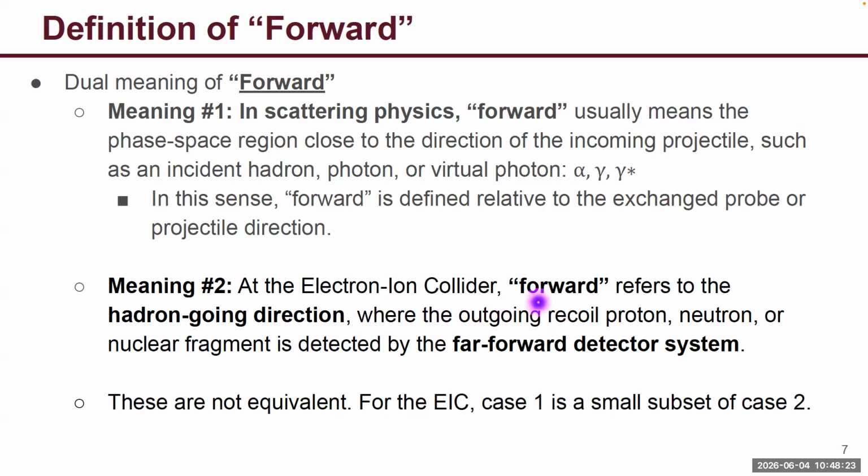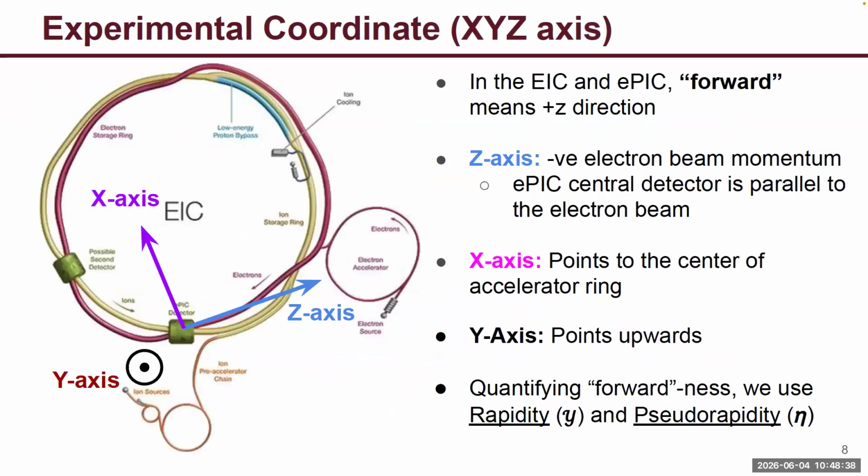At the EIC, forward refers to the hadron-going direction, where the outgoing recoil proton, neutron, and nuclear fragments are detected by the far forward detector system. This is the forward in the EIC. To put that into perspective, the EIC as we know it is this ring plus the ePIC detector over here.